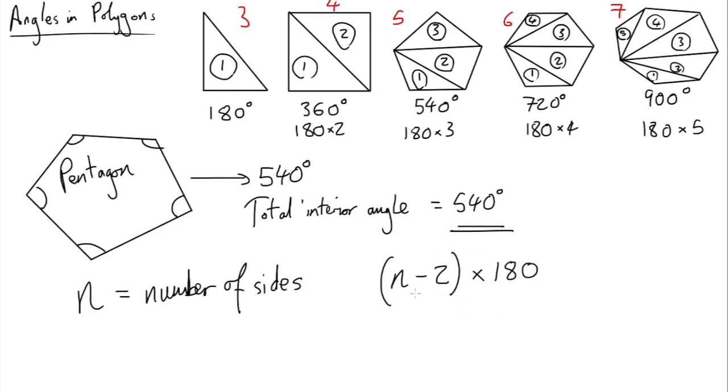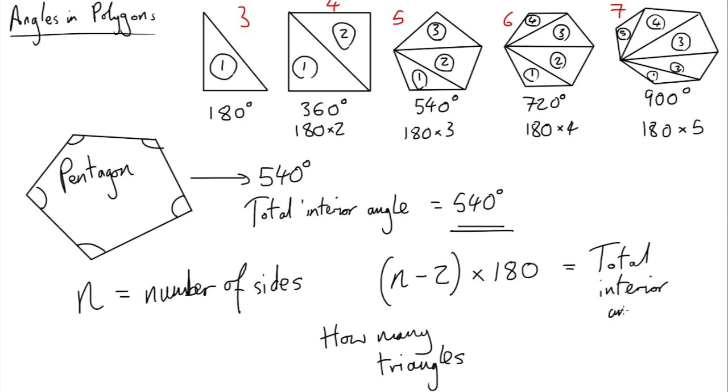Essentially what this is saying is, how many triangles do we have? Each triangle is worth 180 degrees, so how many triangles times by 180, and that gives us the total interior angle. And what I might do at times is call this TIA and refer to it that way.